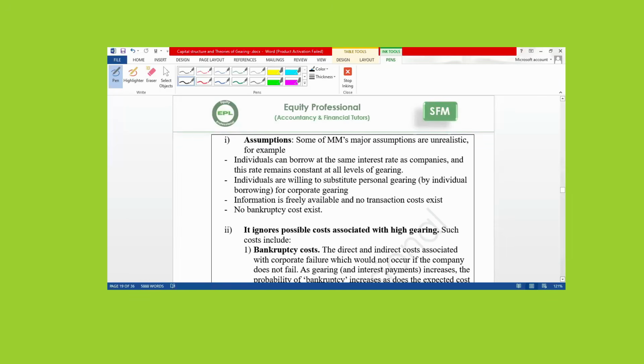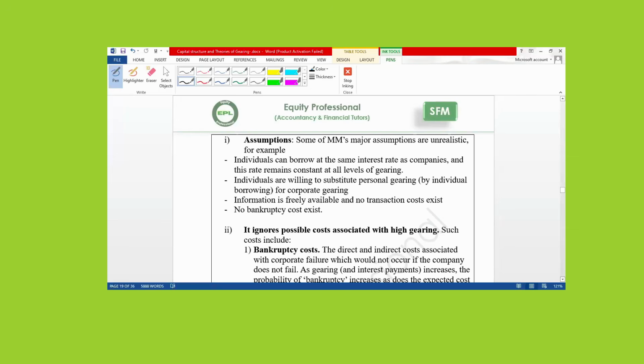Modigliani and Miller assume that there is no bankruptcy cost. So you can borrow 100%. This assumption is not realistic.